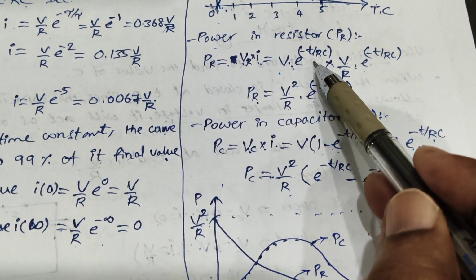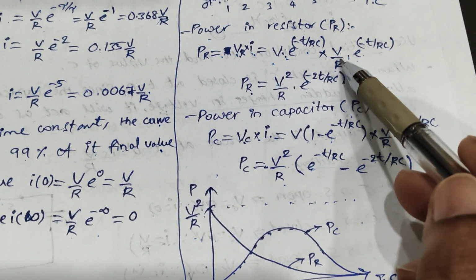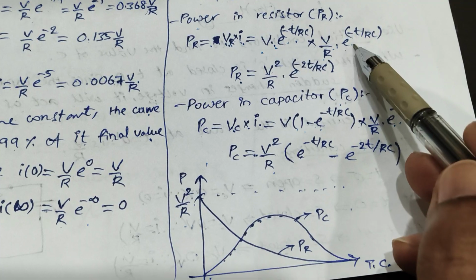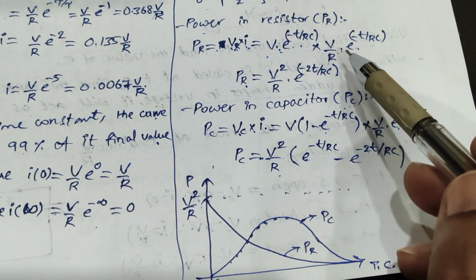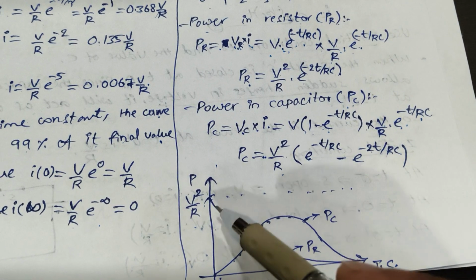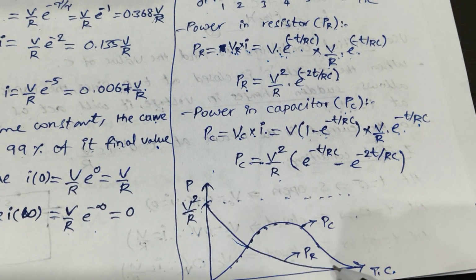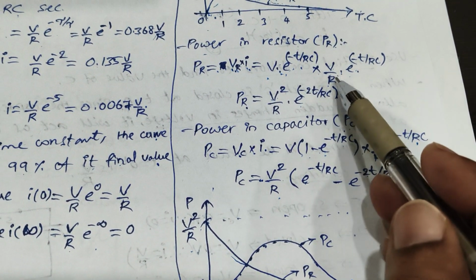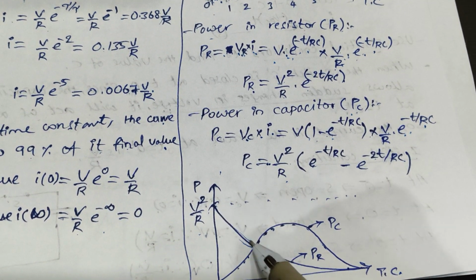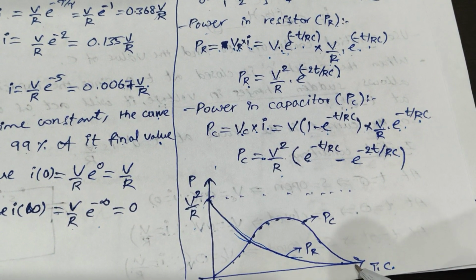Voltage across resistance is a decaying function, and current also is a decaying function. So power in resistor you will also get as a decaying function.